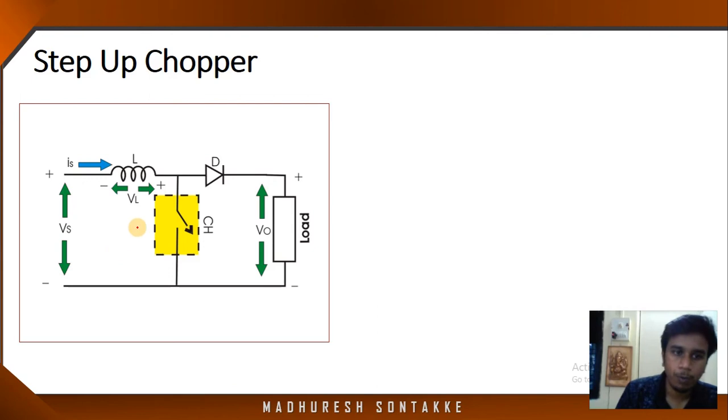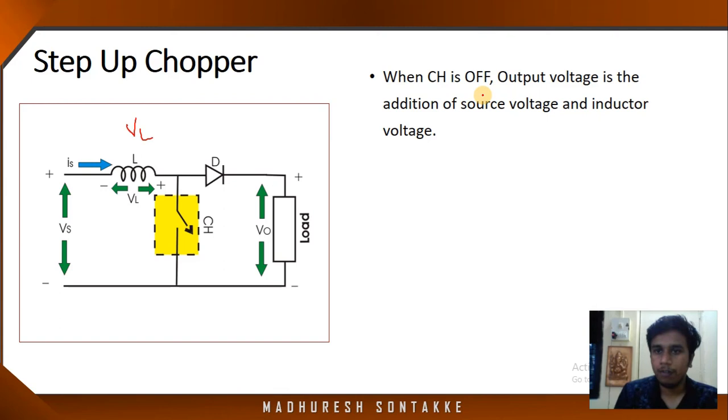Now we'll see what happens when the switch is open. Whatever is the input voltage appears across the load, but there is the addition of VL as well. So when the switch is off, the output voltage is the addition of source voltage and inductor voltage. So we can state V output is equal to Vs plus VL.